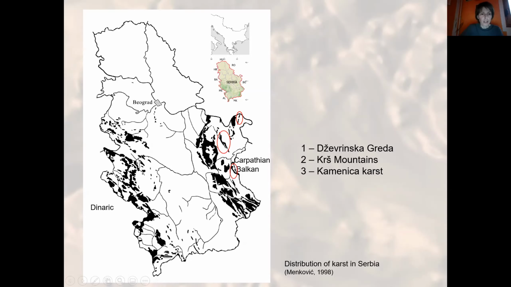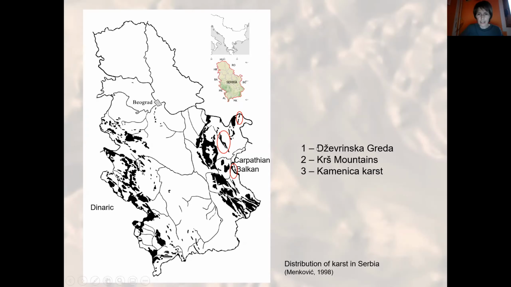So on the west, it's Dinaric karst, and on the east is the Carpathian Balkan mountain range, which is partially karstic, but all karst areas are scattered and are not very compact. So we have hundreds of kilometers of contact.